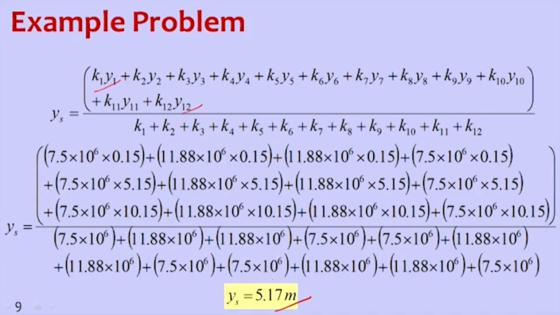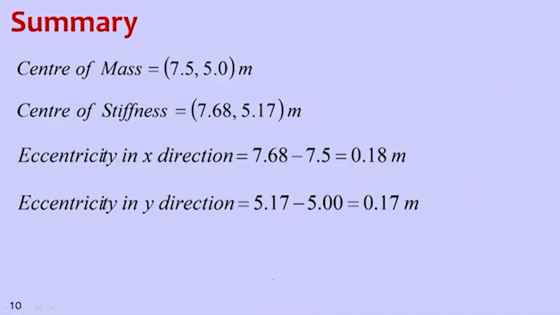So now as a summary, this is the center of mass that we got, 7.5 and 5.0, and center of stiffness as 7.68 and 5.17. So in calculating eccentricity to get a torsional moment, eccentricity in x direction will give you like this, 7.68 minus 7.5, that means the difference between the center of stiffness and center of mass will give you the eccentricity.